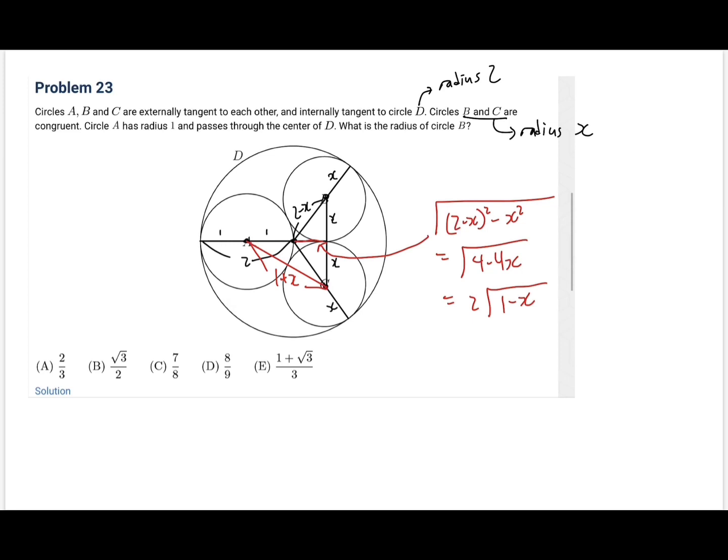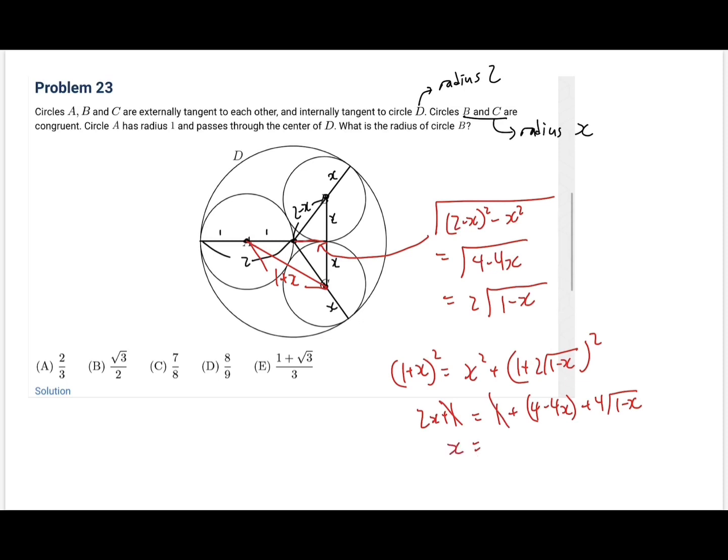And so using this right triangle and the Pythagorean theorem, (1 plus x) squared would equal x squared plus (1 plus this much, 2 root 1 minus x) squared. And so 2x plus 1 would equal 1 plus 4 minus 4x plus 4 root 1 minus x. And so the 1 erases, and x equals 2 minus 2x plus 2 root 1 minus x. 3x minus 2 equals 2 root 1 minus x.